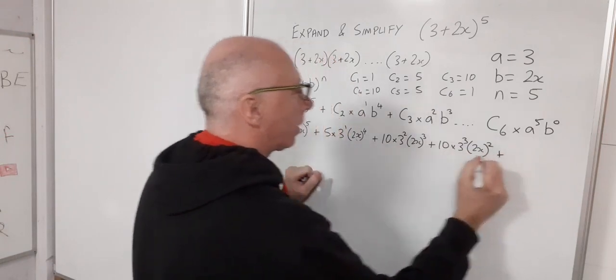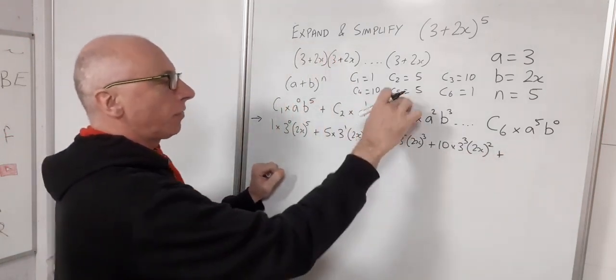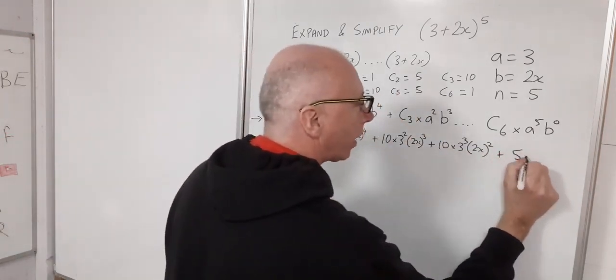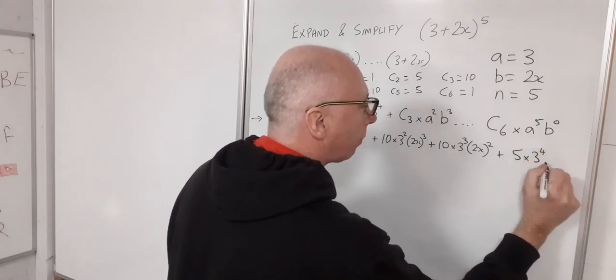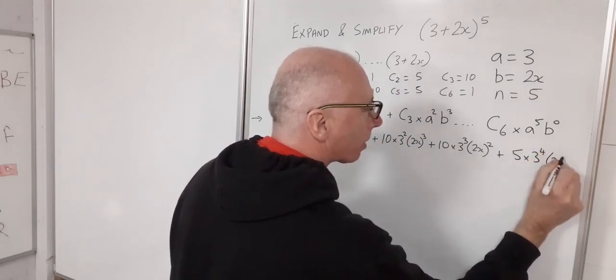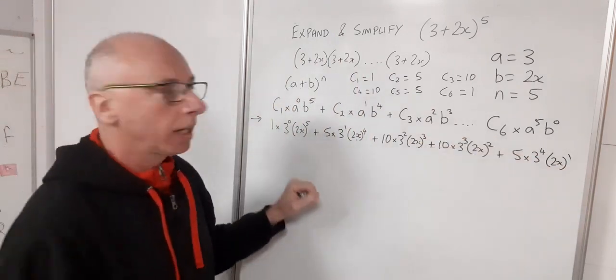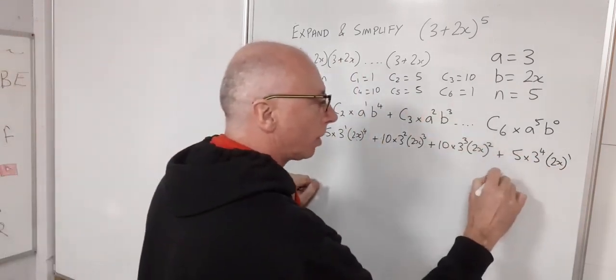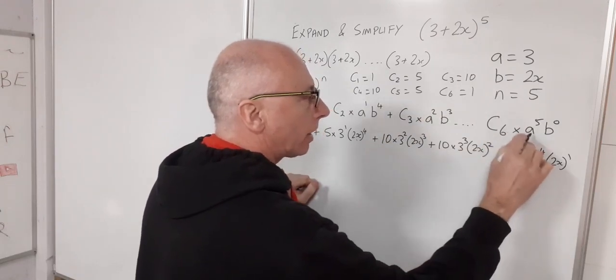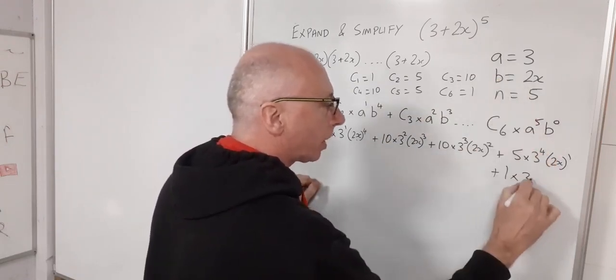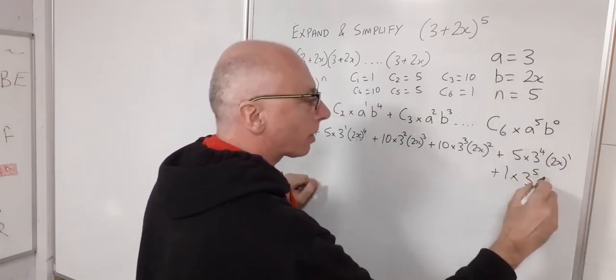And then my next coefficient is 5. So 5 times 3 to the power of 4 and 2x to the power of 1. And then my last term, the sixth coefficient, is 1. A to the power of 5, so that's 3 to the power of 5 and 2x to the 0.